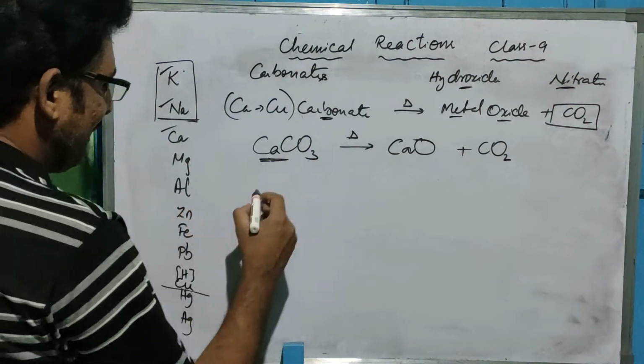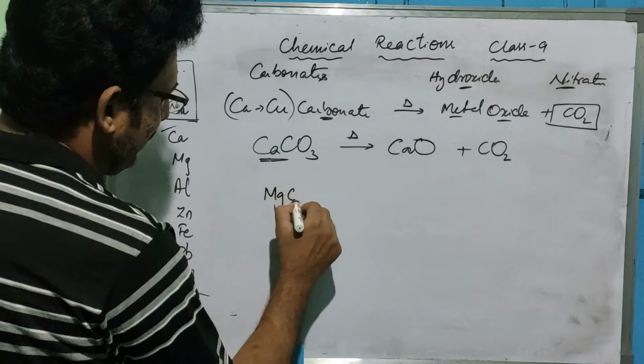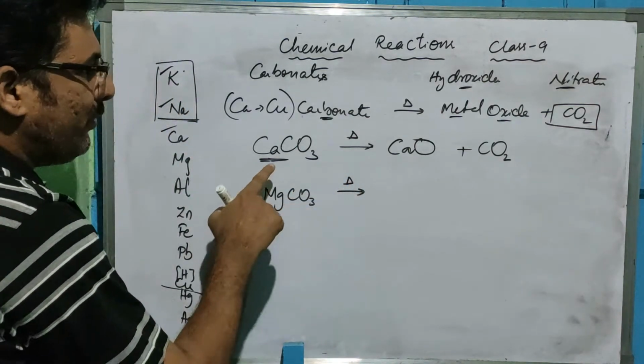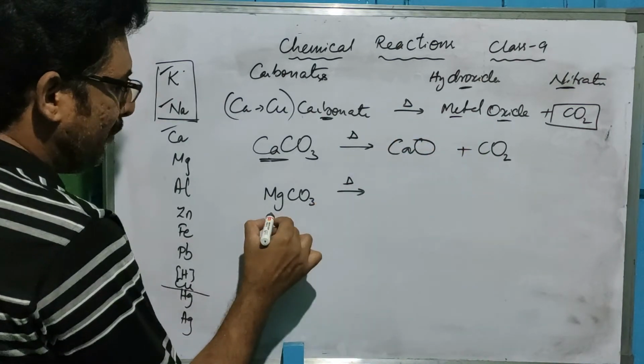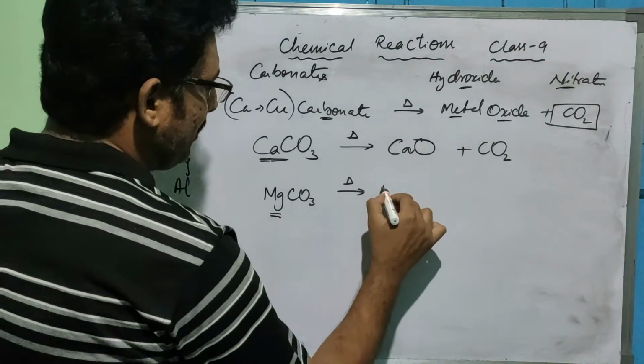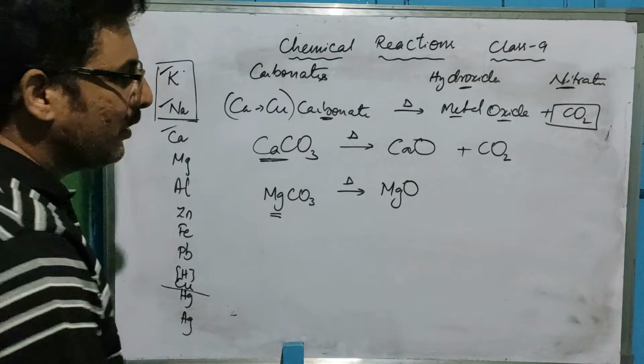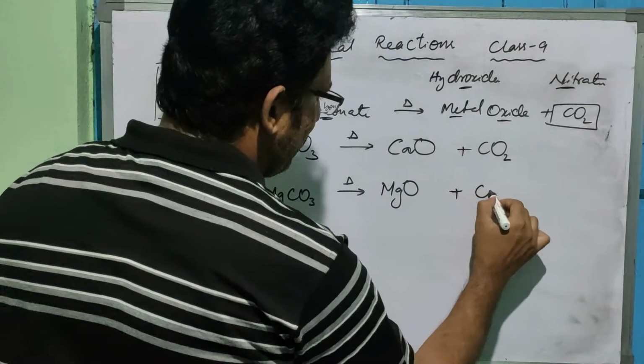If you take magnesium carbonate, MgCO3, on heating, what will you get? A metal oxide. What is the metal here? Magnesium. So you will get magnesium oxide, MgO, plus carbon dioxide, CO2.